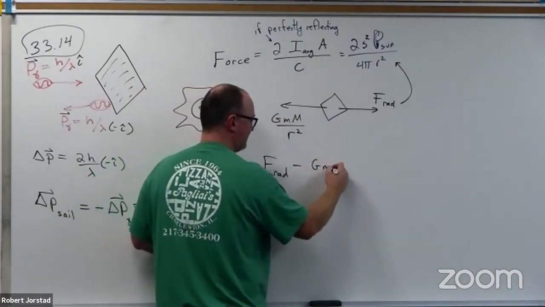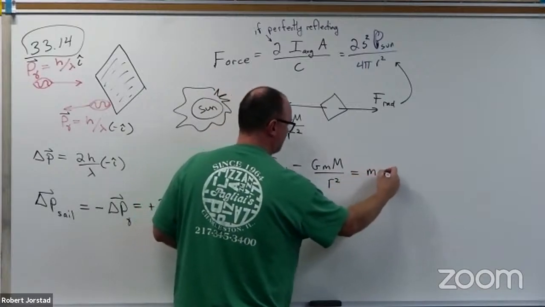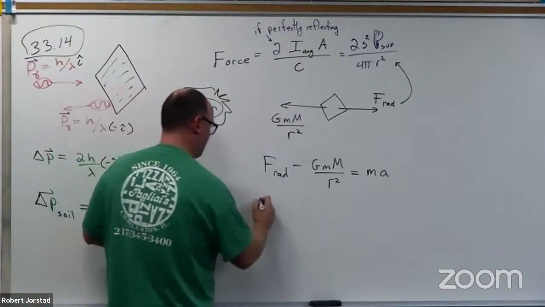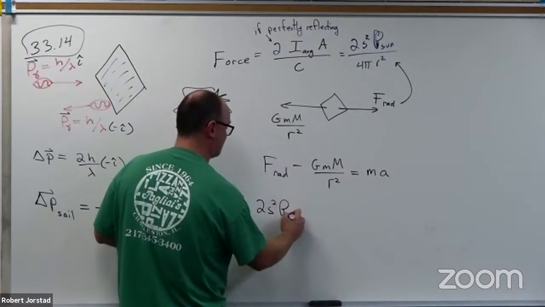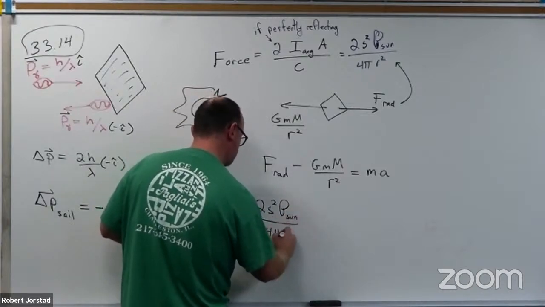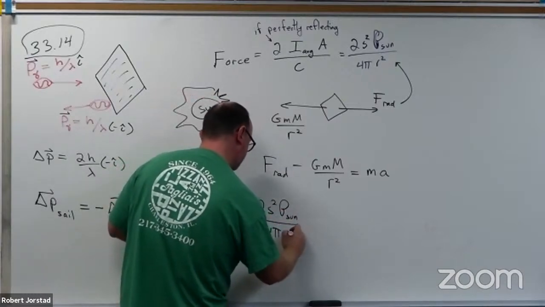Minus GMm over r squared should equal mass times the acceleration. If I plug in this stuff, hopefully I'm not screwing up something, but again, you've got the solutions. If I made a typo here, I apologize. I'm just going to put this one thing in red.